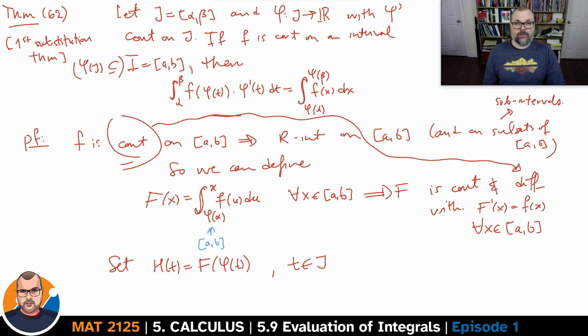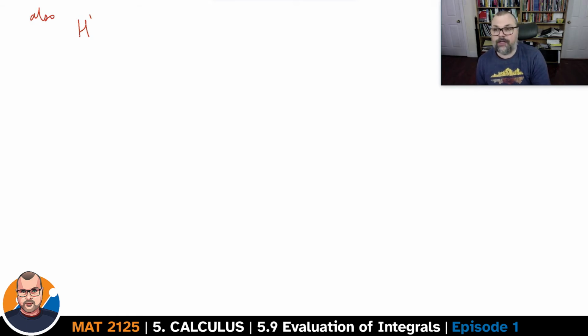Phi is continuous because by assumption phi prime was continuous. The derivative of phi is continuous. That can only happen if phi is continuous. So here this is the composition of two continuous functions. We have that h is continuous on the interval J. Furthermore, we know how to compute the derivative of h. We use the chain rule.